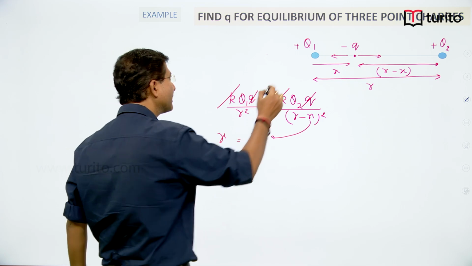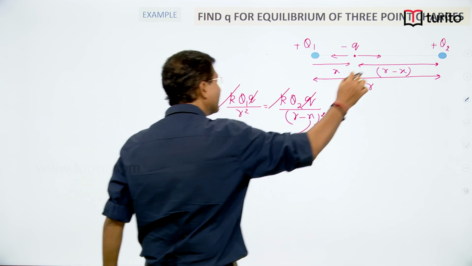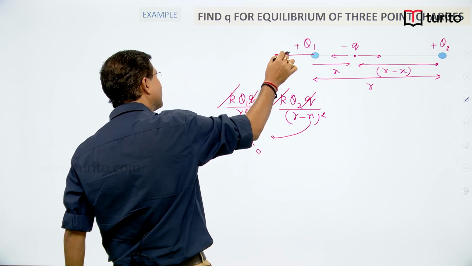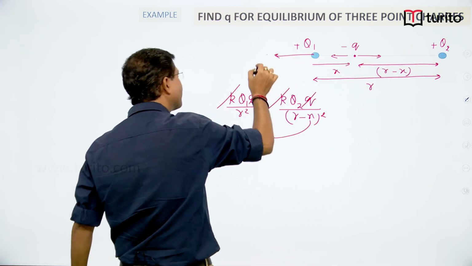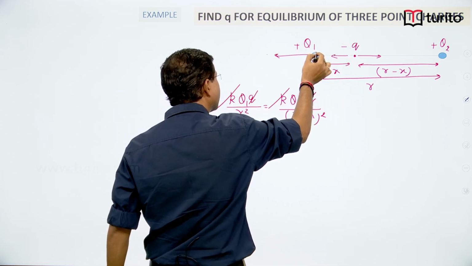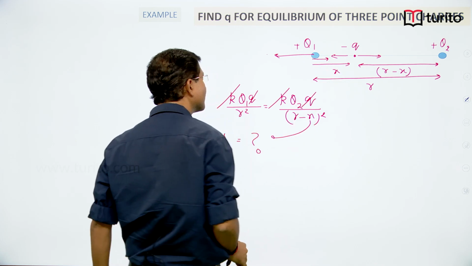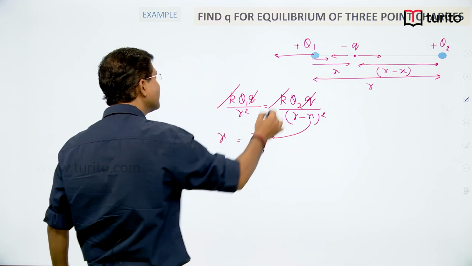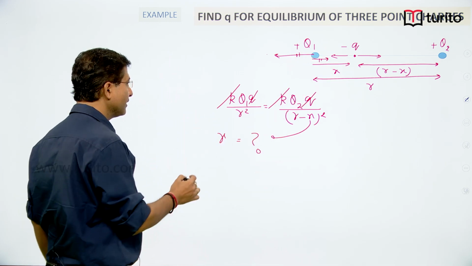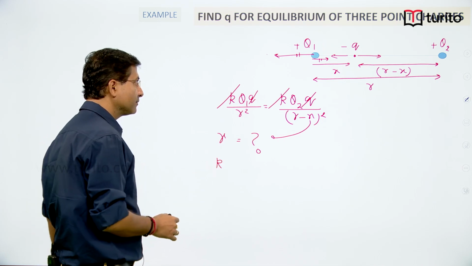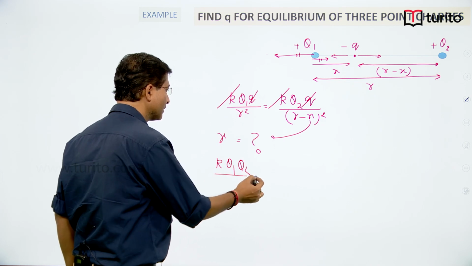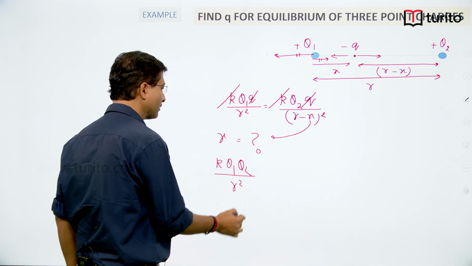if I consider the free body diagram of this one, say this capital Q2 will exert force on Q1 along the line joining, away, because both are positive, right, and this will attract this one in this direction. So, if this is in equilibrium, these two forces must be equal. So, next equation I can write is K Q1 Q2 divided by separation R square.